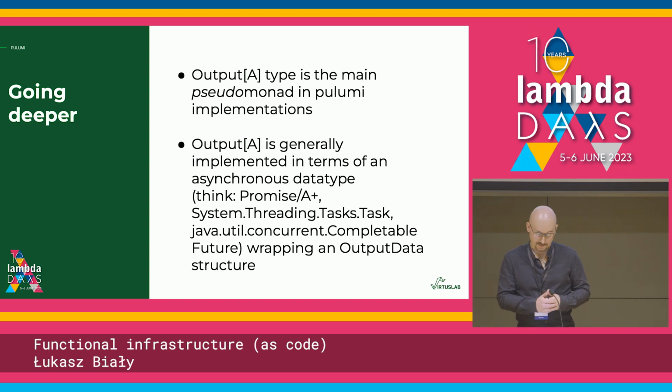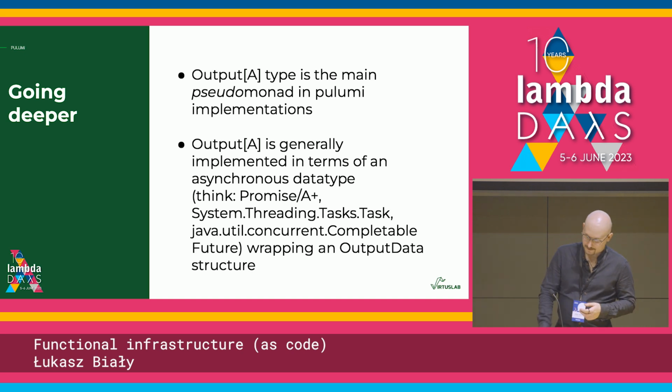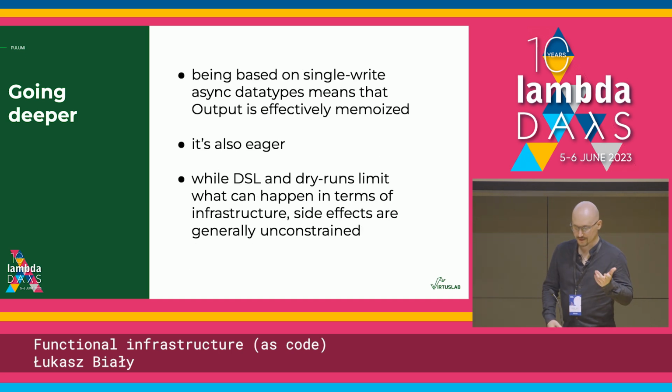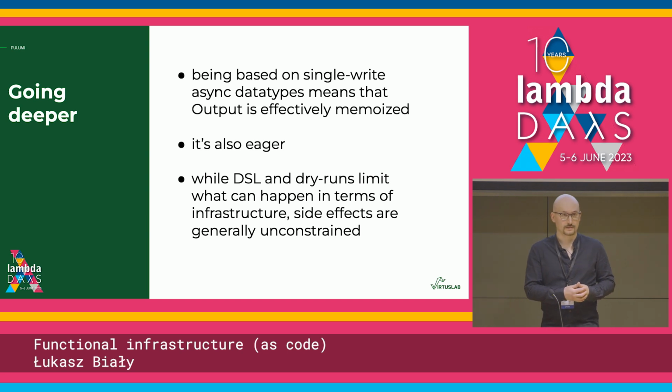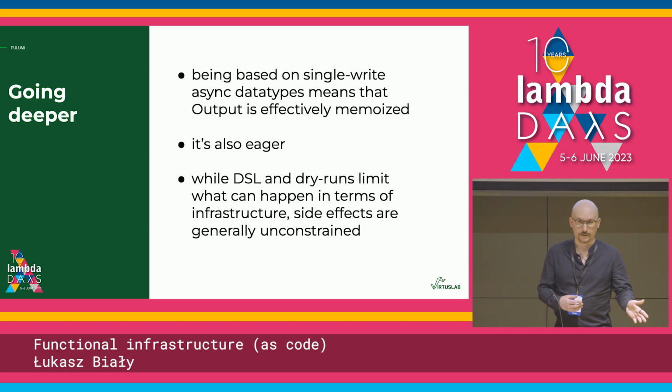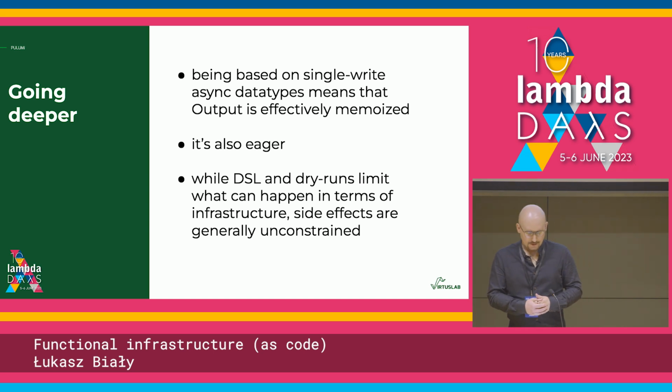So that's quite interesting. But the fact is that if you are using single-write asynchronous data types, that means that output is effectively memoized. And that also means that, like all of those constructs, it's eager. So if you start it, it starts running. If you start running a CompletableFuture, it just starts running on another thread.